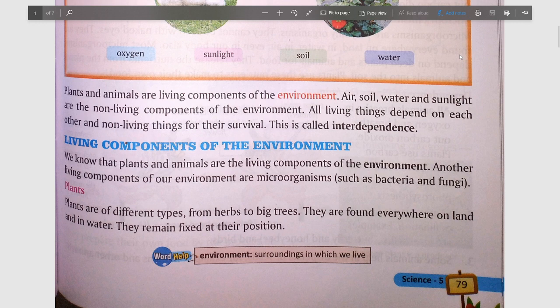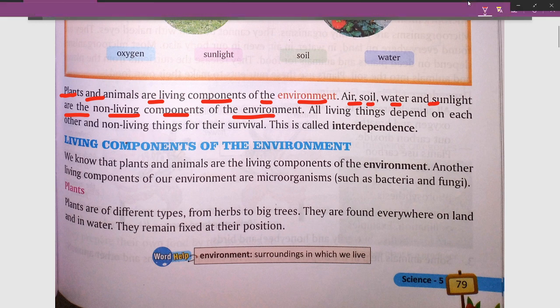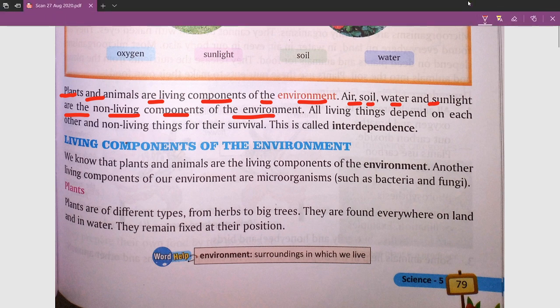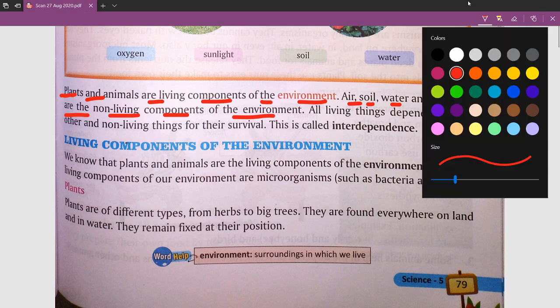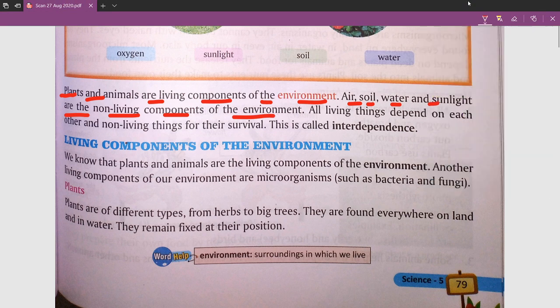What this chapter is saying is that plants and animals are living components of the environment. Air, soil, water, sunlight are non-living components of the environment. Plants and animals have life.